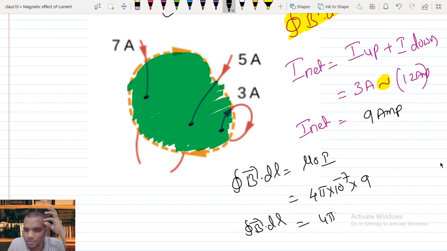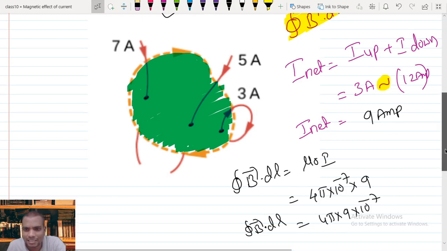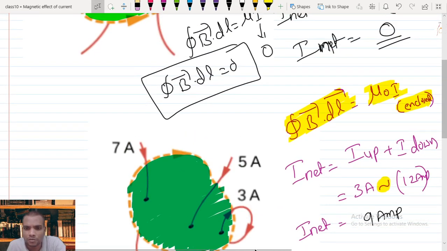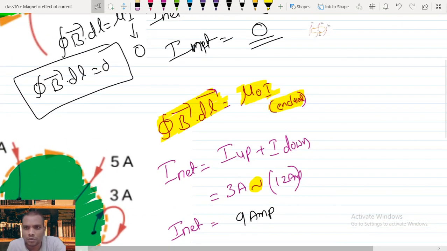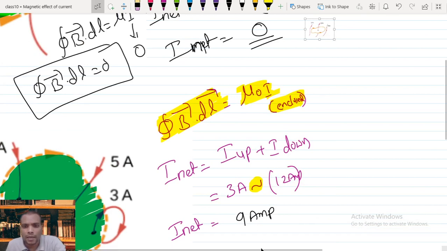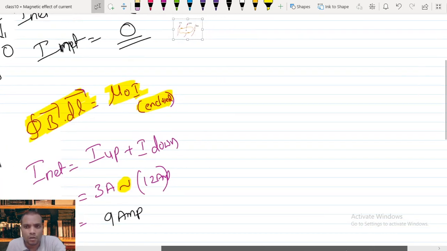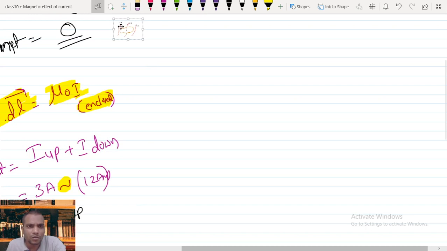That will become the value of the magnetic field through this element. Here I am not going to find the magnitude of the magnetic field, which we will solve for a particular given condition. I am discussing this only to show how to apply Ampere's law to the given loop.